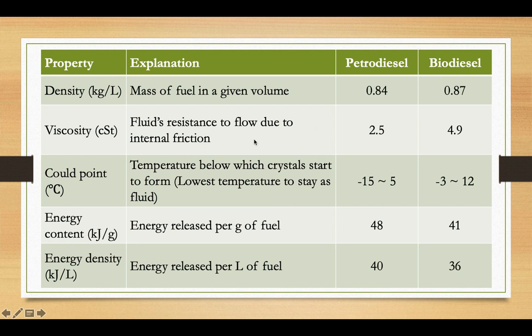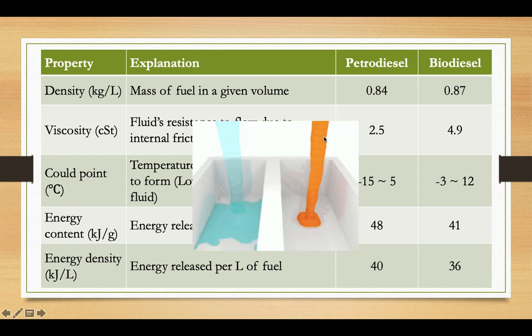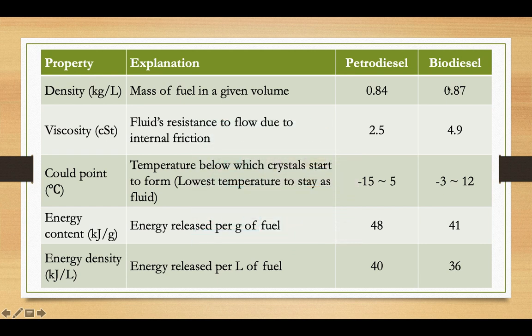And viscosity. Viscosity measures fluid's resistance to flow due to internal friction. So these two liquids, this orange one is more viscous. You can see that biodiesel is almost twice as viscous as petrodiesel. It is thicker.